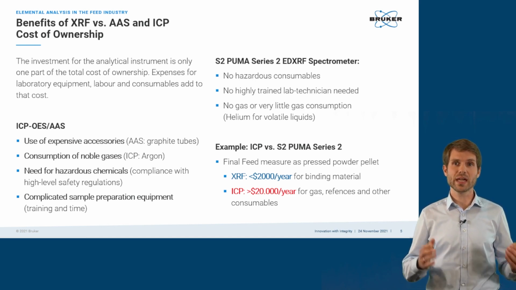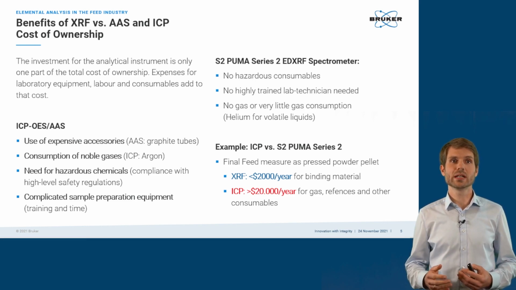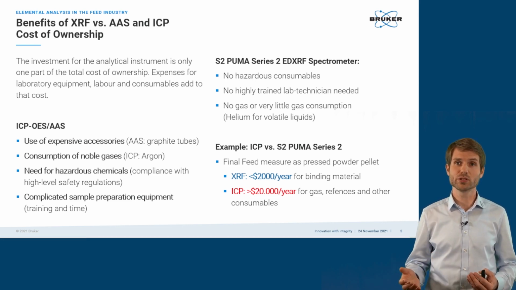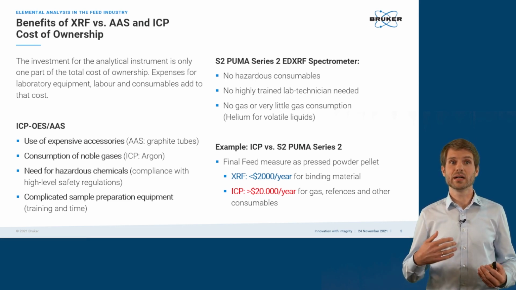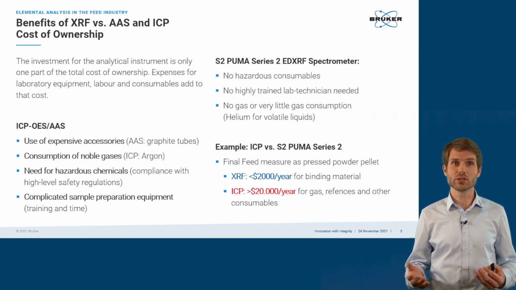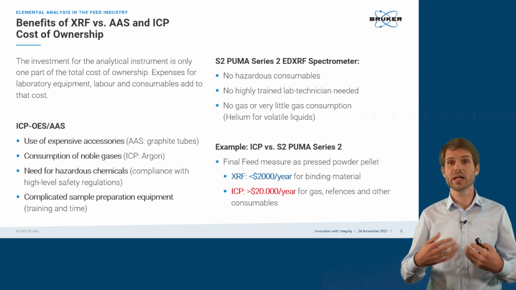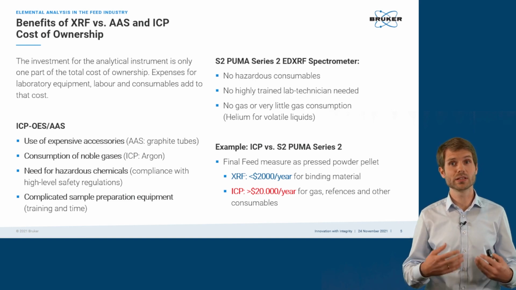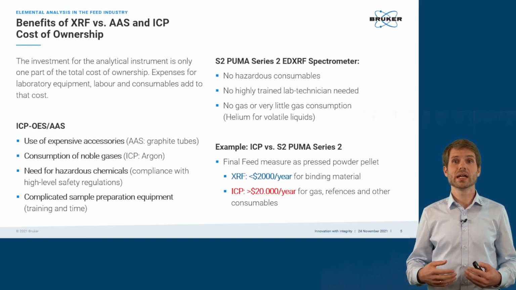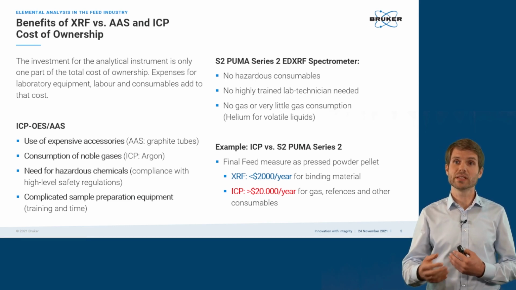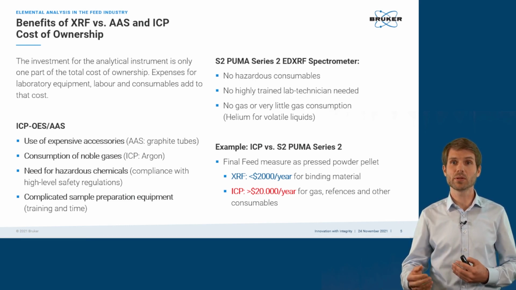With AAS and OES, we have some expensive consumables like graphite tubes in the AAS, and noble gases like argon for ICP. We have some hazardous chemicals, so we need a laboratory environment. We typically need to dissolve the samples, and so we need a wet chemical lab. And we therefore also have more complicated sample preparation and sample preparation equipment.